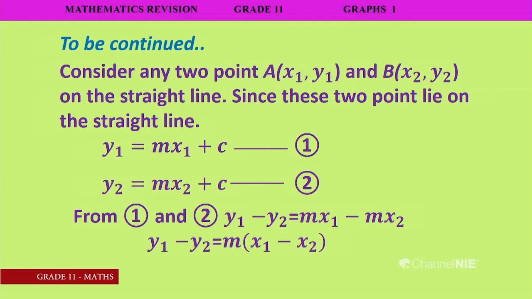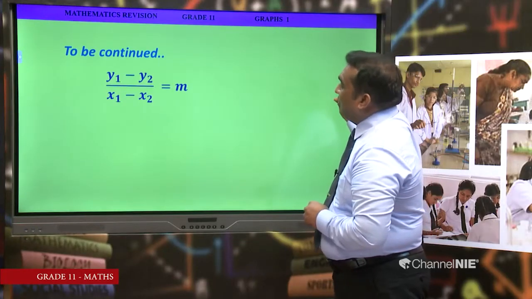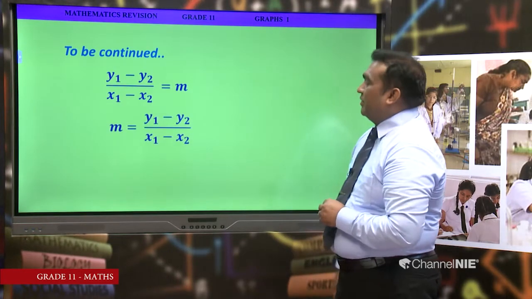You have to use your knowledge of common factors: m times (x1 minus x2). Then you can divide both sides by x1 minus x2. As a result, you have m equals difference of y coordinates divided by difference of x coordinates. This is the definition of the gradient of a straight line.